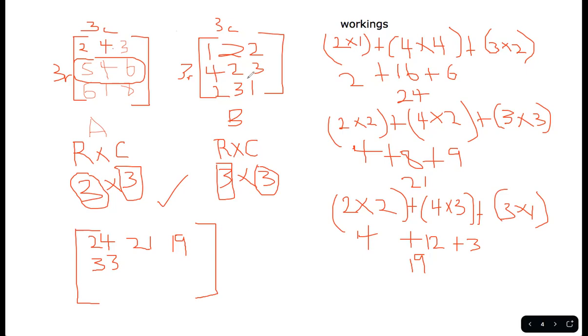Now I'm doing here, and then this row. I'm done with this row, so I'm doing the second column. So 5 times 2 plus 4 times 2 plus 6 times 3 to give us 36.